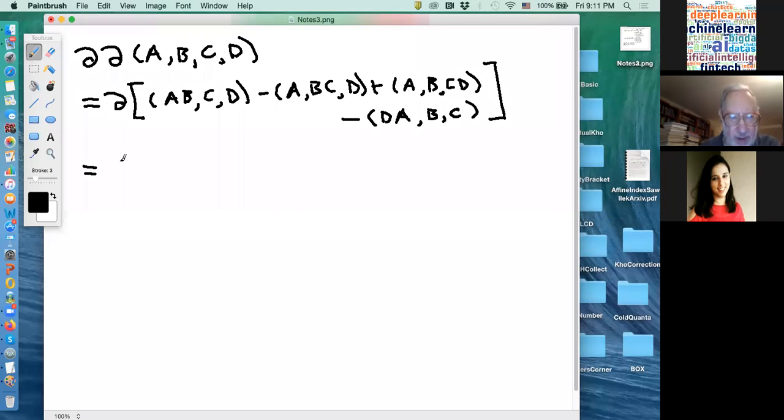So I then have, for the first one, (AB)C. Nobody said the multiplication was associative or anything, just a binary operation.